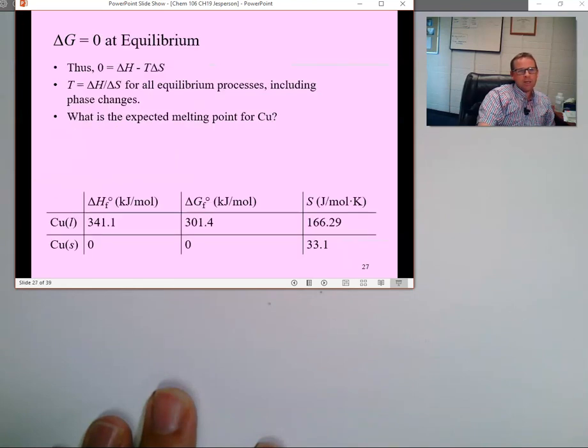Actually, we're going to skip this. But what's interesting about this is you can identify at what temperature this sort of reaction, copper liquid going to copper solid, occurs. Now that's a physical change, right?